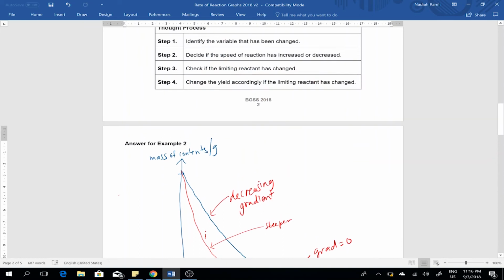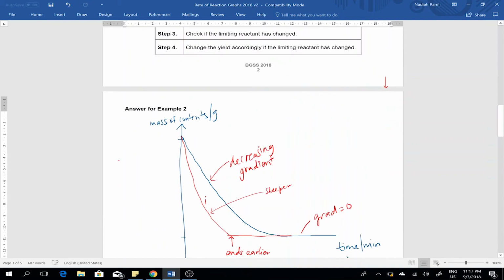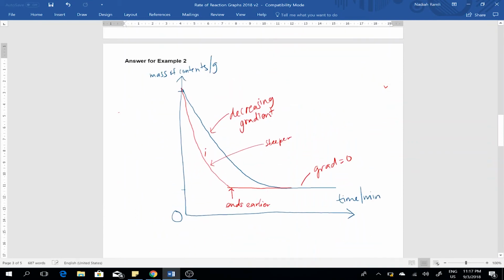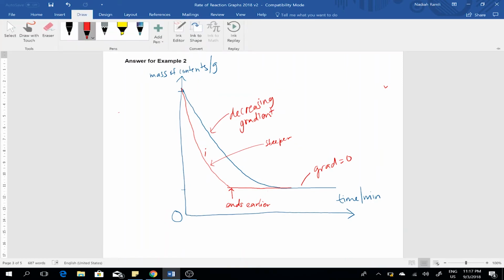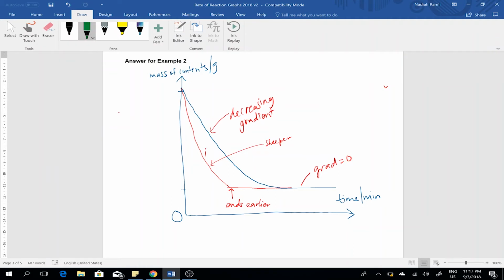Okay, so all it will do is make the rate of reaction slower because concentration has decreased. So when the rate of reaction is lower, it will end later. So I will use green color.